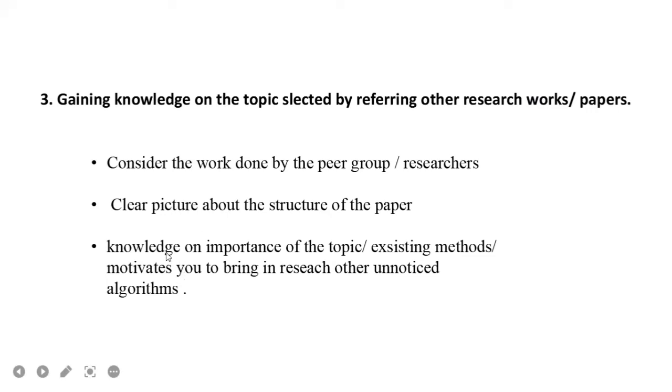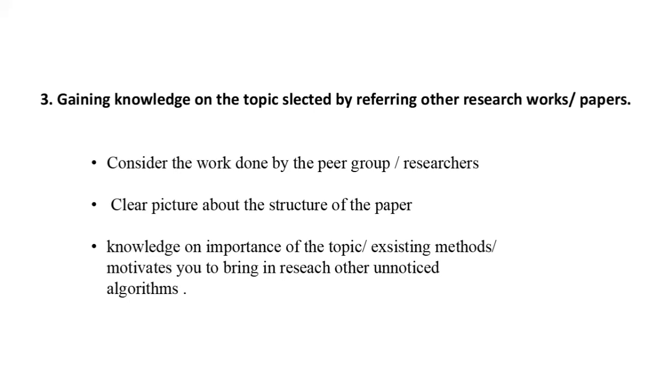You will have knowledge of the importance of the topic. Yes. You will have knowledge of the existing methods used. By knowing the existing methods, you can have a clear picture of what new concepts can be listed in your research paper, and doing this will also motivate you to research unnoticed algorithms and bring in a unique idea.